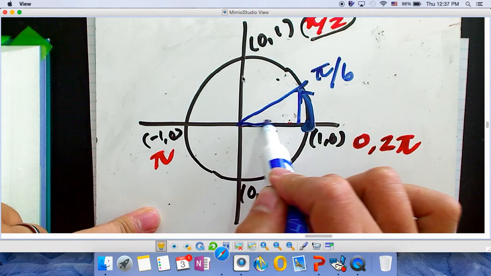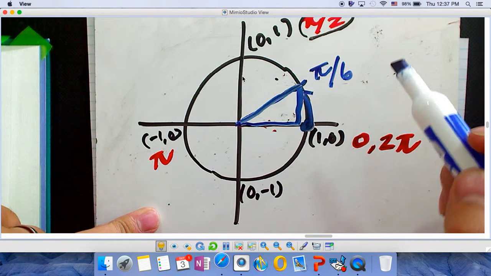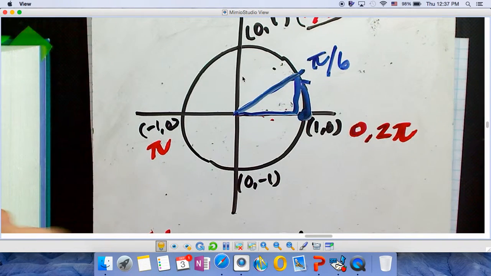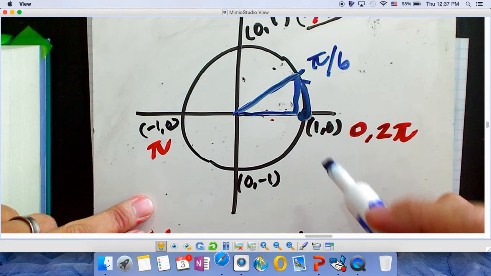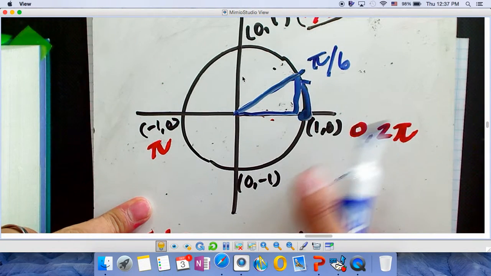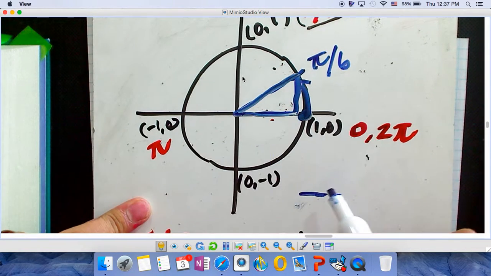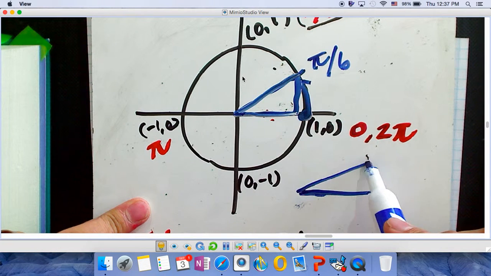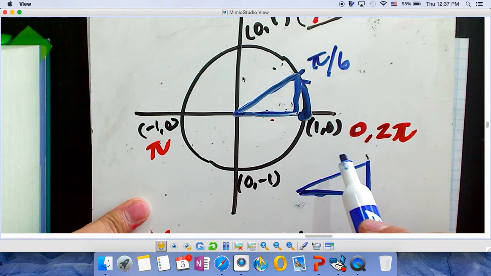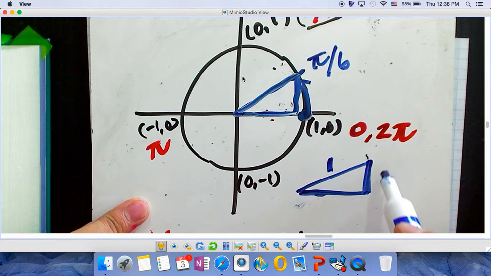Now, what triangle do you see at pi/6? It is the half of an equilateral triangle sitting with the long side on the x-axis right there. We know the radius, or hypotenuse, is 1, the short leg is half, and the long leg is square root of 3 over 2.